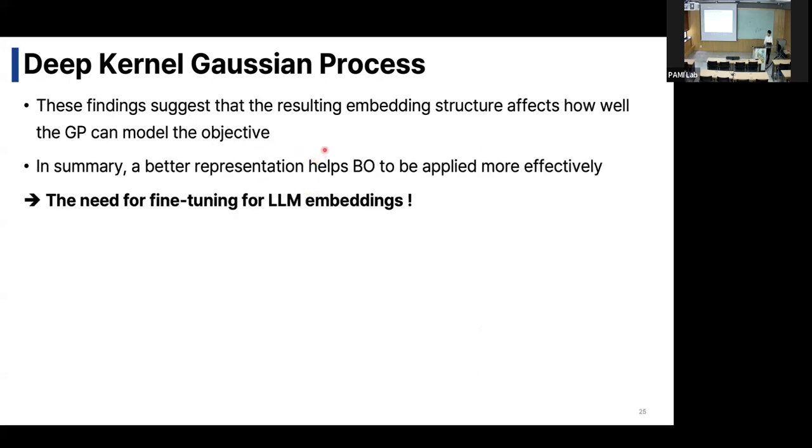In conclusion, a better representation helps BO to be applied more effectively. This highlights the need for fine-tuning the LLM embeddings to make them more suitable for use in Bayesian optimization.